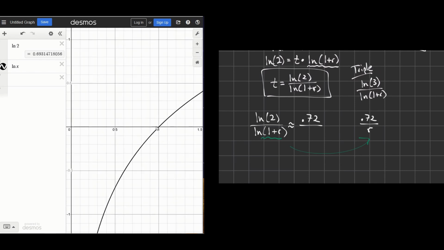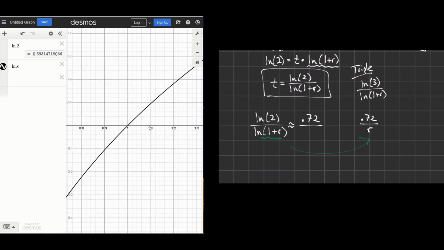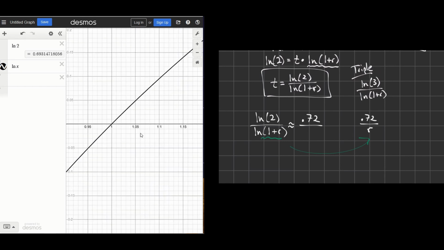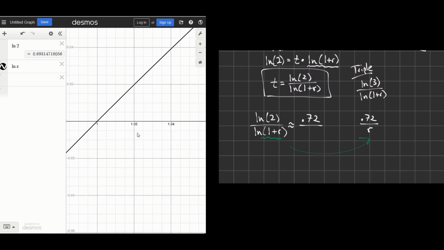The natural log of 1 is equal to 0. But then if you look at adding 1 to the inside of the natural log, for example, if we were looking at 0.02, this would be like having the R set at 0.02. And that's like having 2%. And if you notice here, R is equal to 0.02, the output is really close to 0.02. So this is 1 plus 0.02, and the natural log of that is really close to just 0.02.